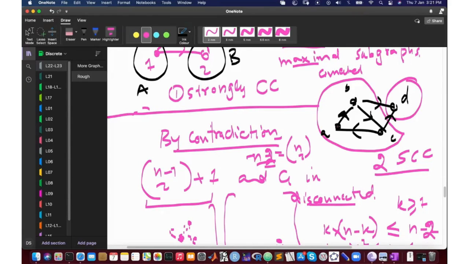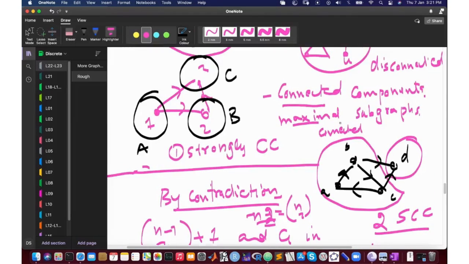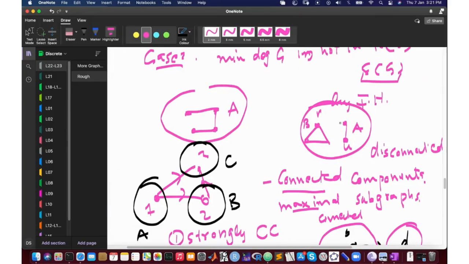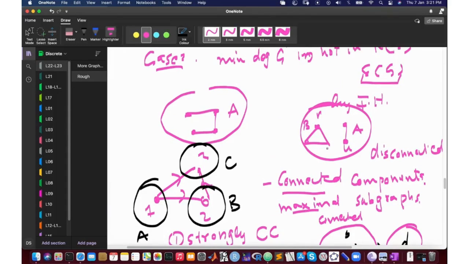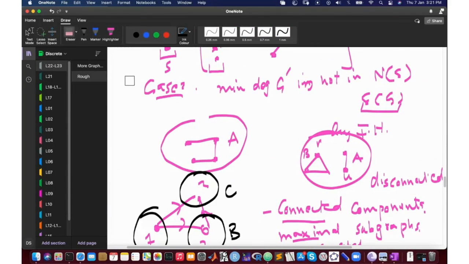A to C. I think not. In this case the diameter is a bit tricky, I will tell you about it shortly. We'll come back to this problem. Let's go to some other problem. What's the diameter in this case?